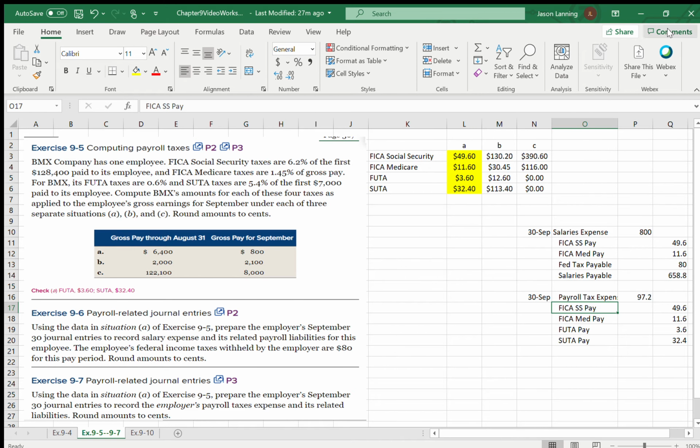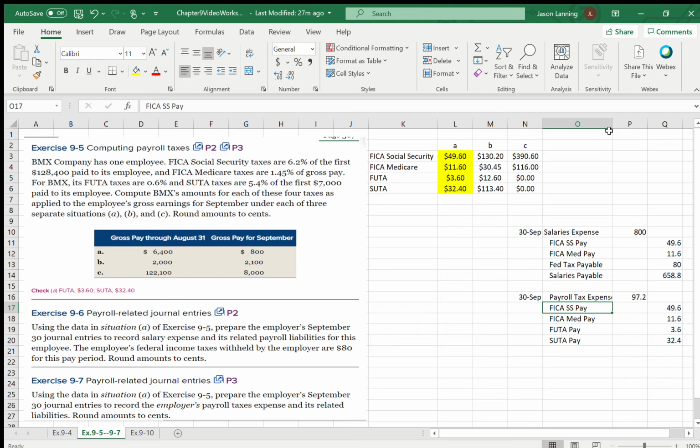And this is, let's move it just a bit. This is what the employer has to pay, essentially, like I said, out of their pocket. It's their obligation. So when they do pay these things, they'll be debiting this FICA Social Security payable for $99.20, the total of $49.60 twice.